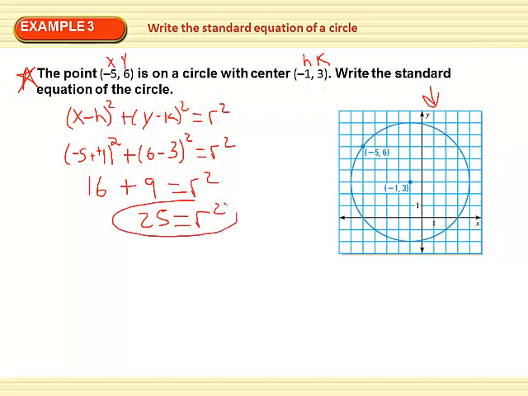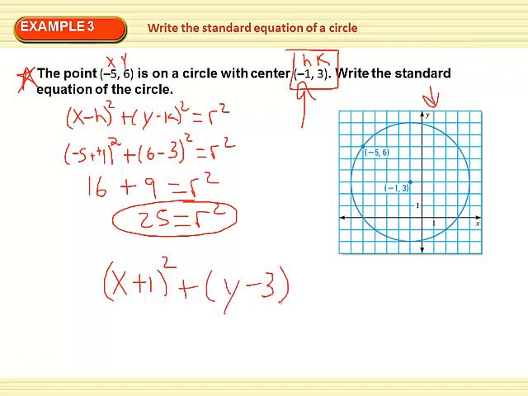Okay, so we have 25 is equal to r squared. We also know the center h, k, so now we can plug it into the formula. So we have x minus h, which would be x plus 1, quantity squared, because that's my h right here, plus y minus k, which is y minus 3, because that's my k right here, quantity squared, equals my radius squared, which is 25.